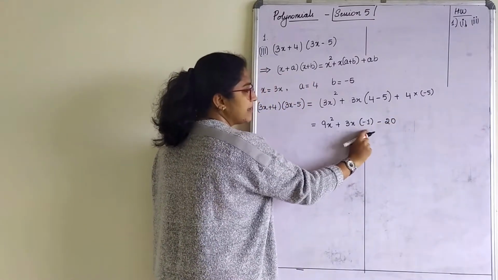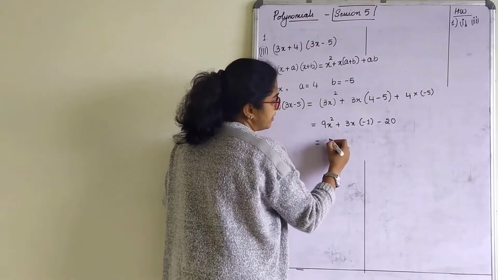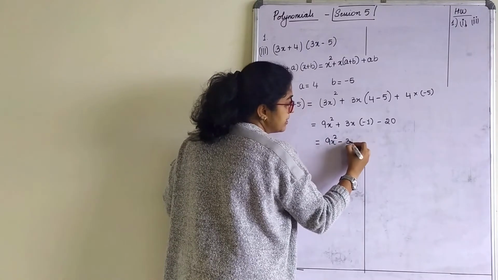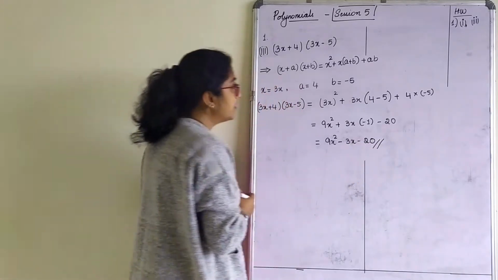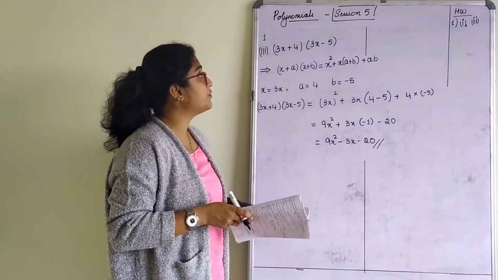You can skip this step and write the next one. So, what will you get as the answer now? 9x square minus 3x minus 20 is the answer when you find the product of 3x plus 4 and 3x minus 5.